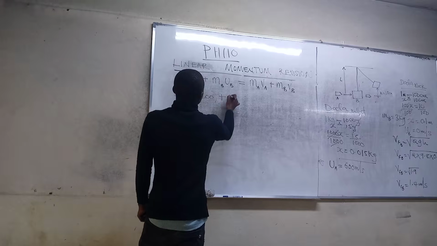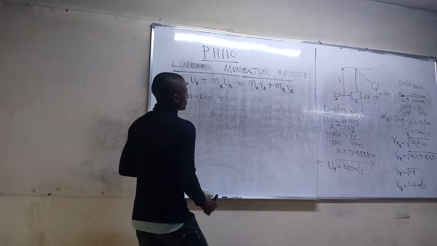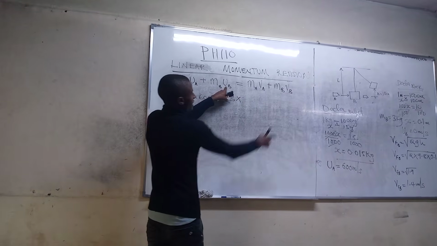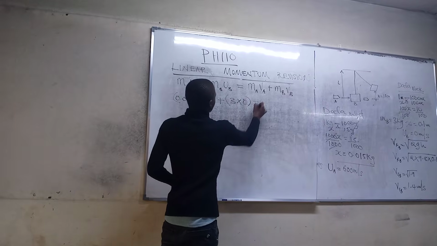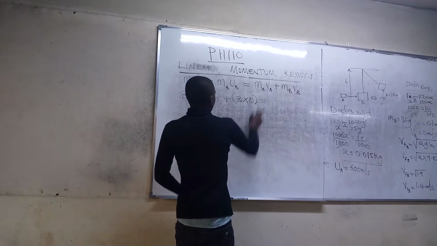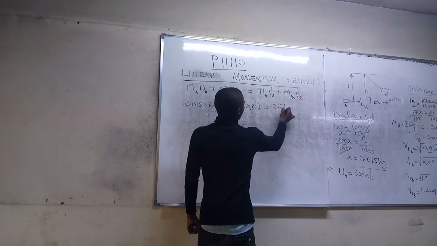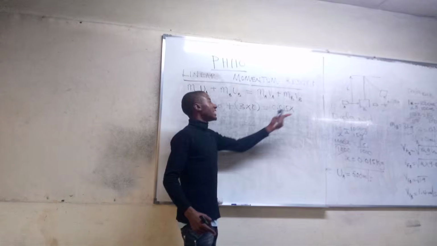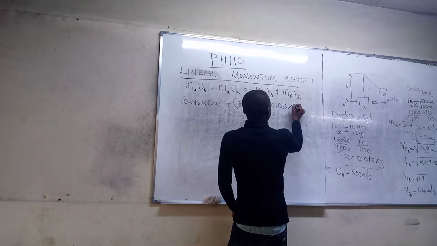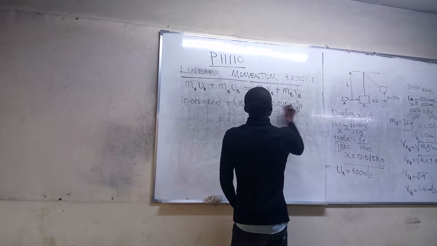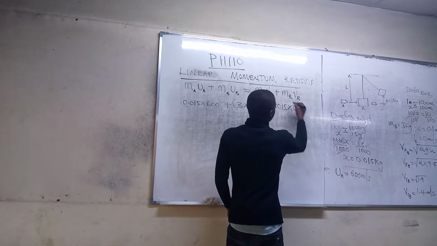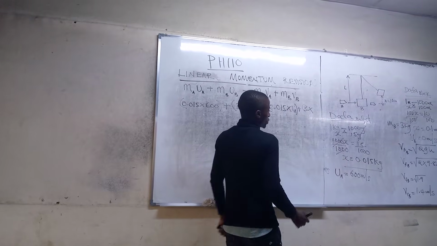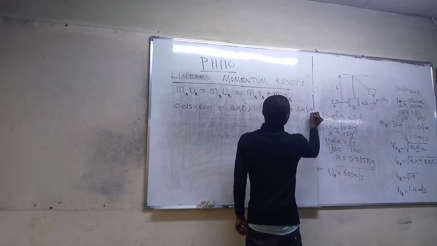So from there you add. The mass of object B, which is the block, is 3 times its initial velocity, that is 0, is equal to the mass of object A, which is the bullet, 0.015, times, we are looking for the final velocity of the bullet after it emerged, so that is VA, plus the mass of object B, that is 3, times the final velocity, which we calculated to be 1.4.